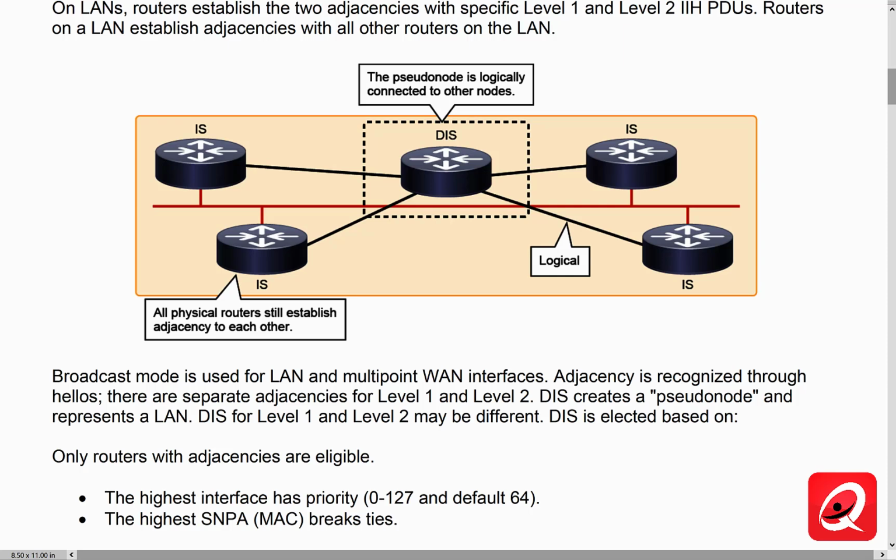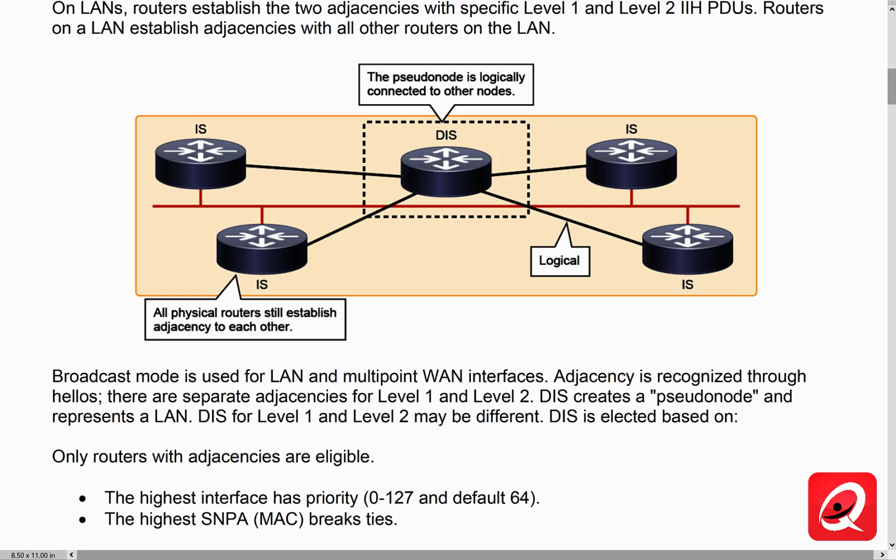All right, we'll call it R1 on the left, the pseudo node to R1 on the left, the pseudo node to R2 on the left, the pseudo node to R3 on the right, and the pseudo node to R4 on the right. All right. So that's a lot less than the number of adjacencies we would have to have without the pseudo node, where every single router would report 4 different neighbor adjacencies independently.